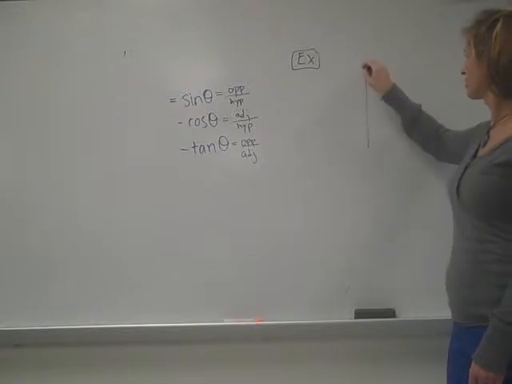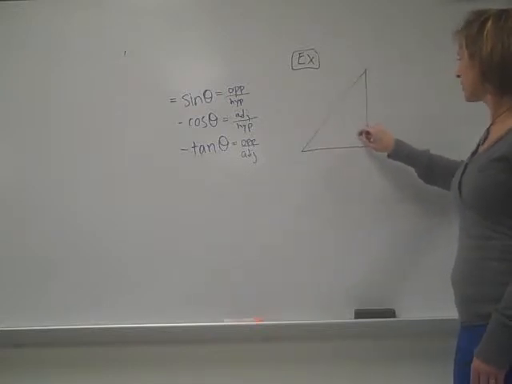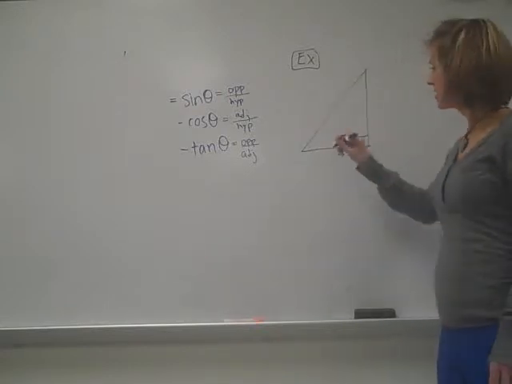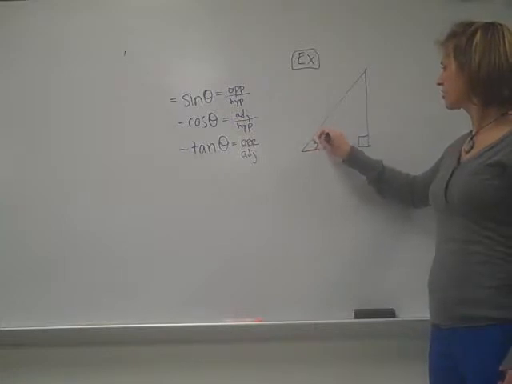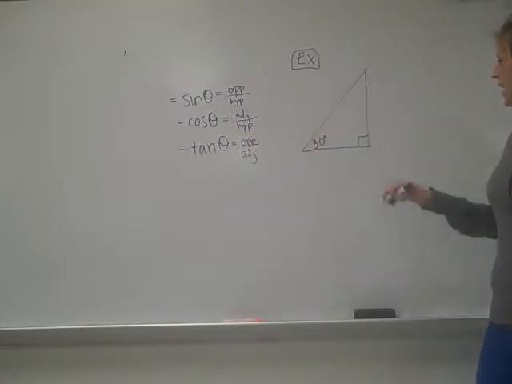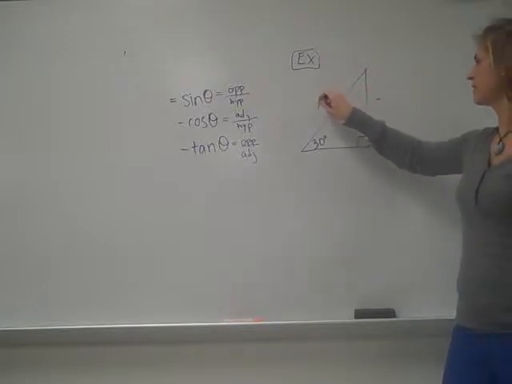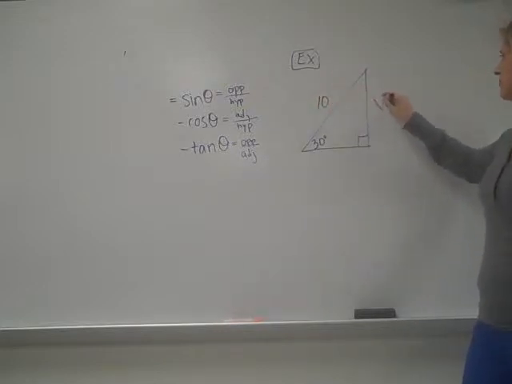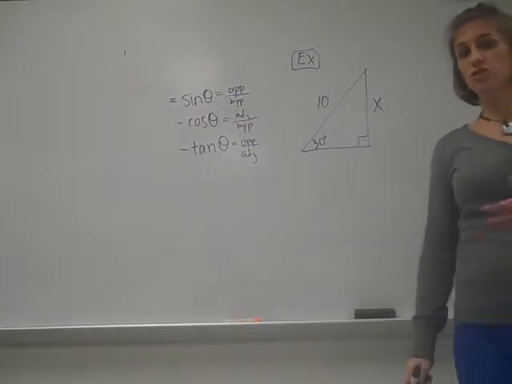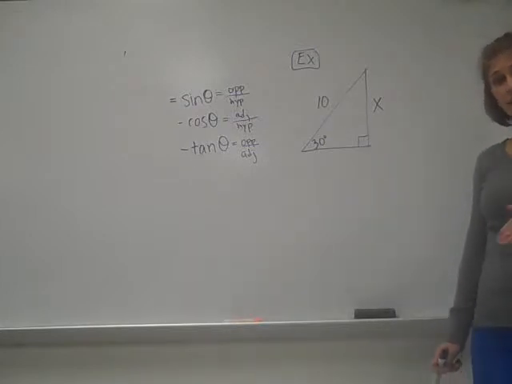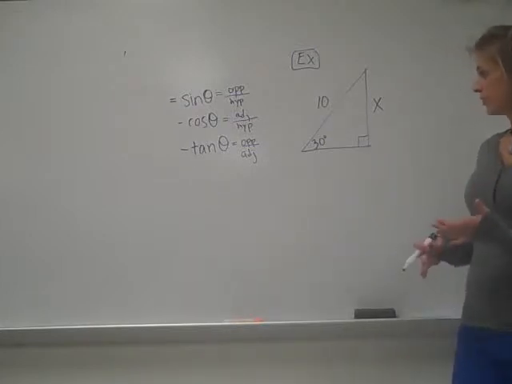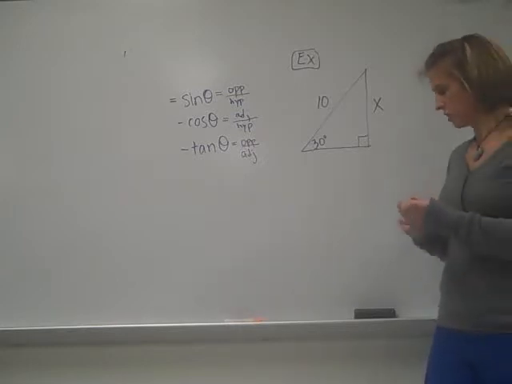If I have a triangle, and it's got a 90-degree angle in it, and let's say I know that this is 30 degrees, and this is 10, and this is x. You can use this to find x. What we do is, we choose an angle.